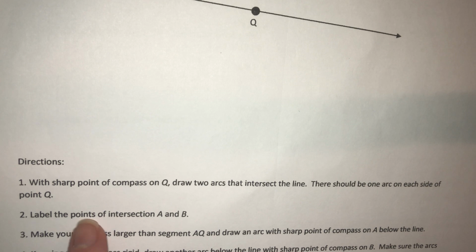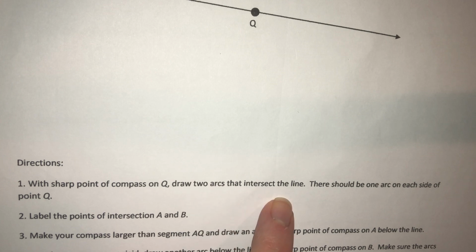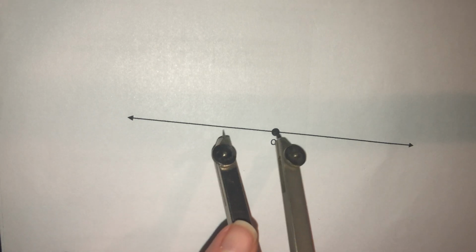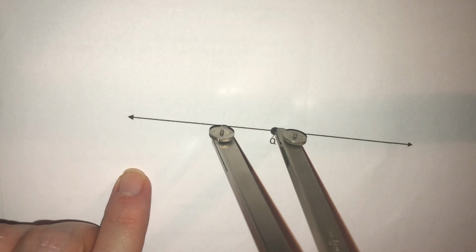So it says, step 1, with the sharp point of the compass on Q, draw 2 arcs that intersect the line. There should be 1 arc on each side of point Q. So we're going to make sure that our compass is open so that it could cross this line twice. Put our pointer on point Q, and we're going to make a smile just like we did before.